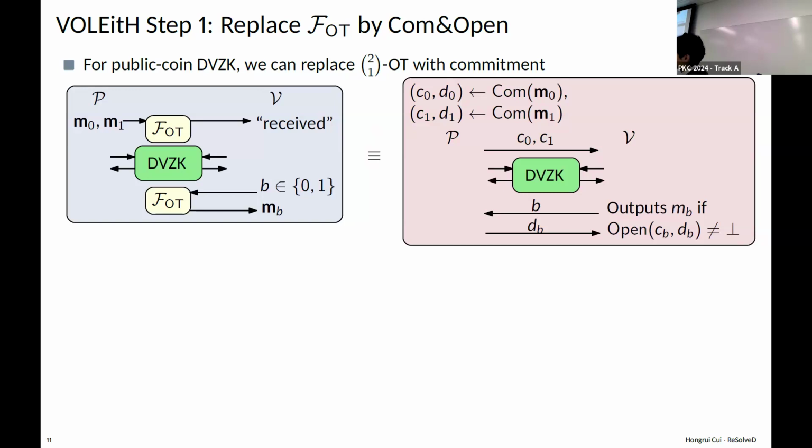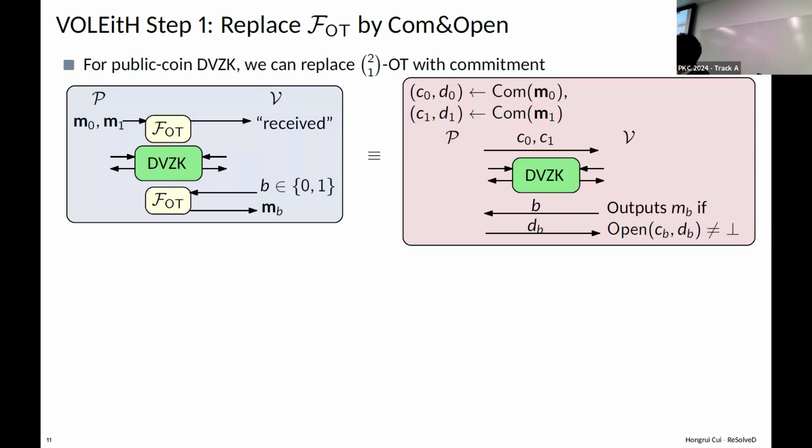So I will show the working detail of this paradigm in a three-step process. The first step is an observation that this zero-knowledge protocol requires a simpler oblivious transfer functionality, since the zero-knowledge protocol is public coin, the verifier's OT output is only needed until the very end of the protocol.